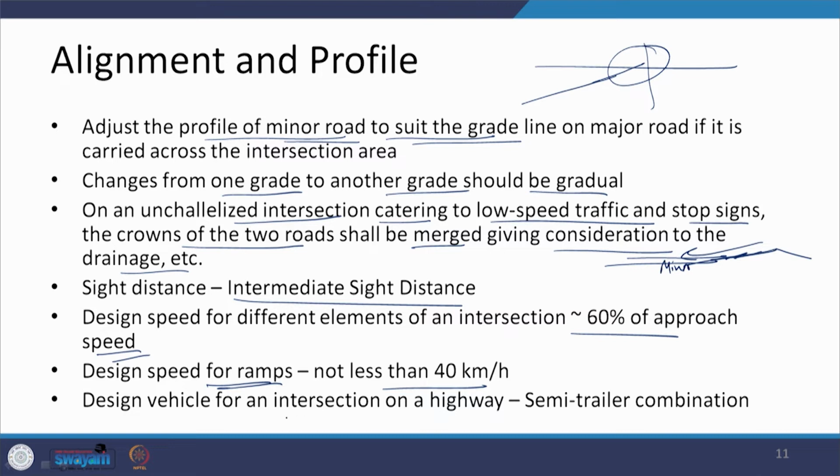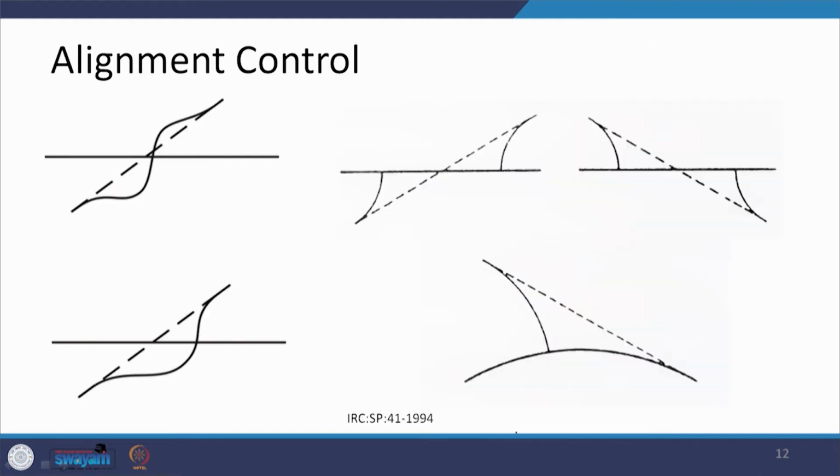Then the design vehicle for an intersection on a highway is considered as a semi-trailer combination, and this will give you an idea about what type of turnings need to be designed, because you have these two vehicles or two bodies which are connected here. Here you can see a few such examples: there was a profile like this and a crossroad here.